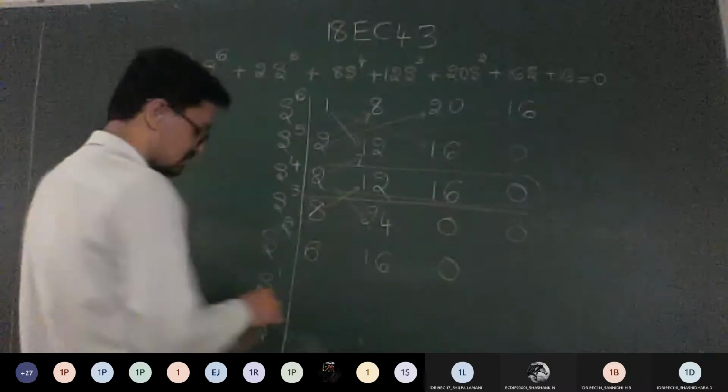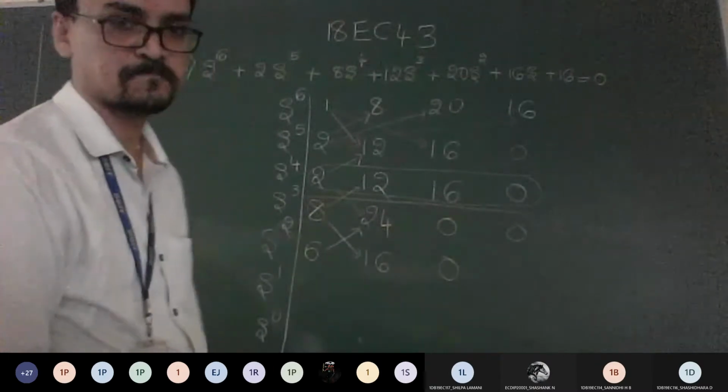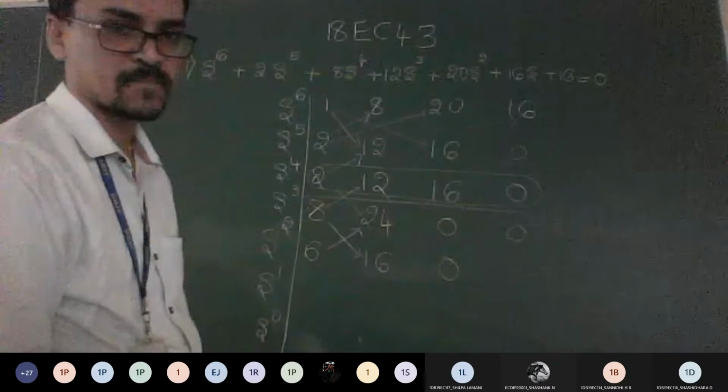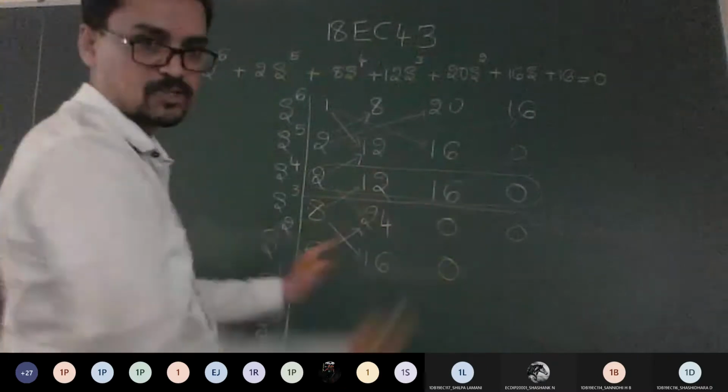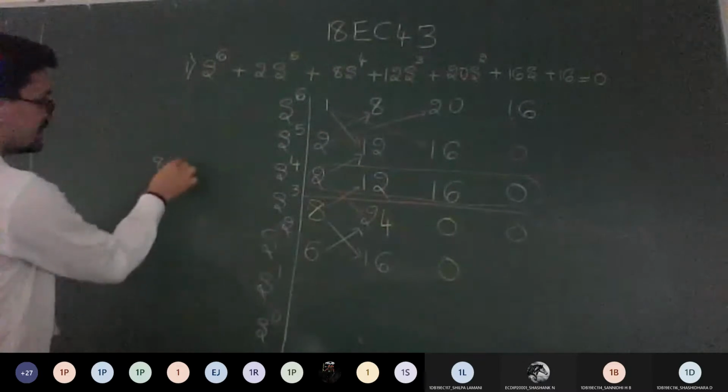If you want this answer, again the same procedure: 6 into 24 minus 8 into 16, divided by 6. What's the answer? Write on one side; don't write answers blindly here. You need to show the steps for the corresponding column.